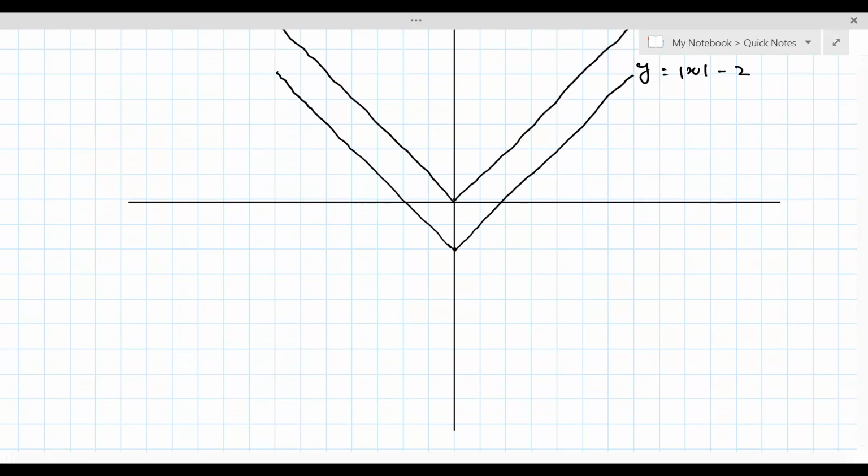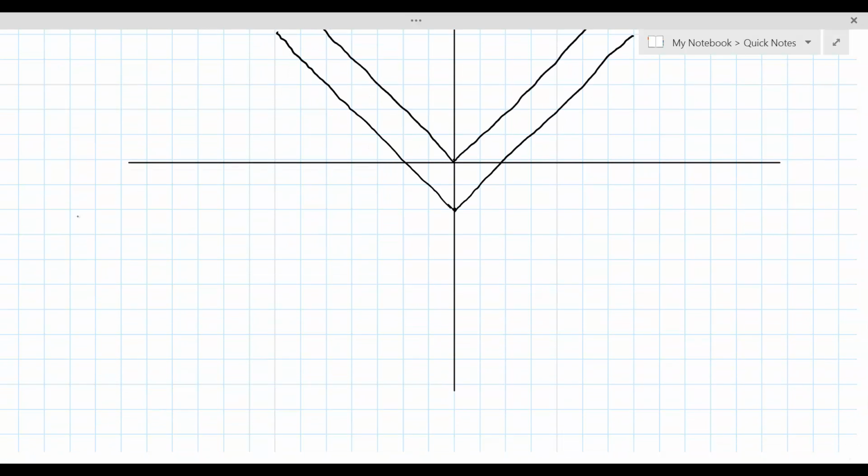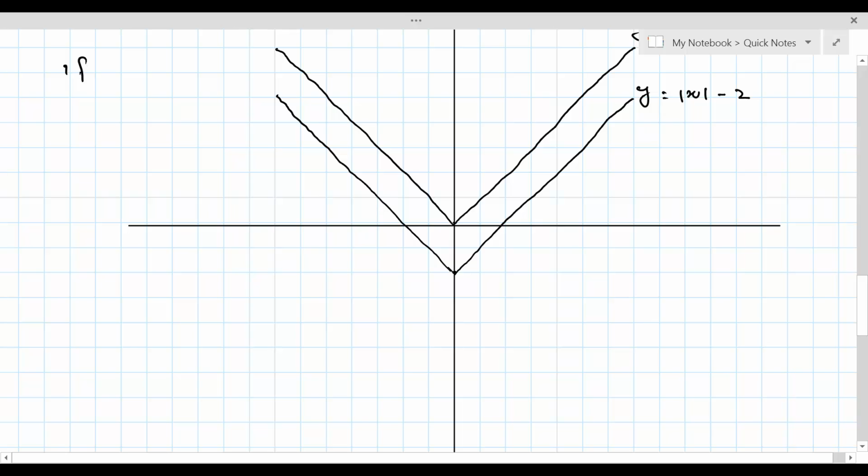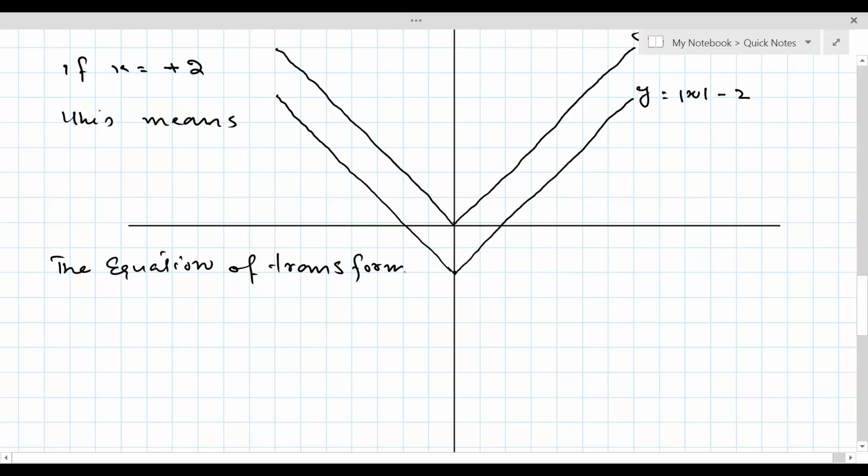Now when we want to consider k is equal to plus 2, this means the equation of transformation is y is equal to mod of x plus 2, which means the base graph will move up by 2 units.